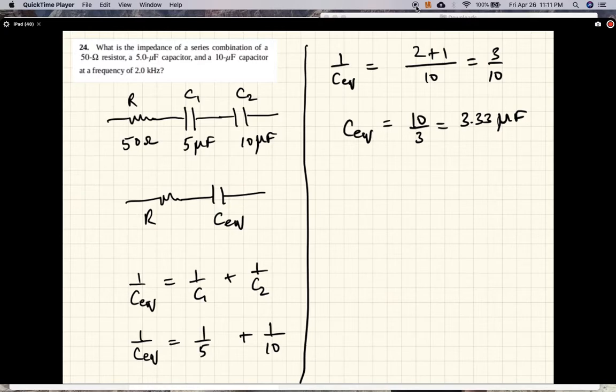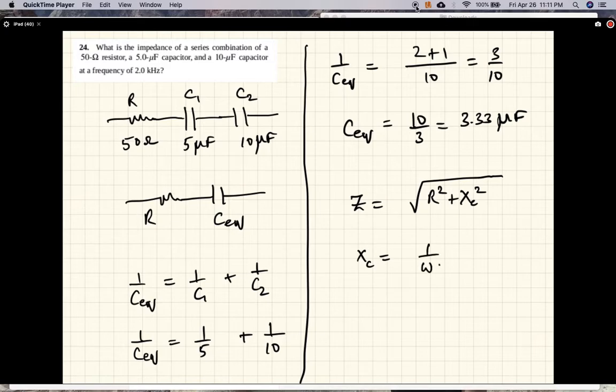Now Z, the impedance, for a resistor and a capacitor in series, is the square root of R squared plus XC squared. And let's find XC first.